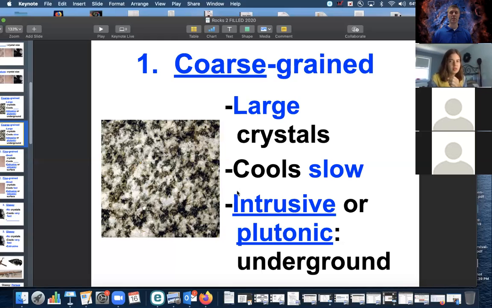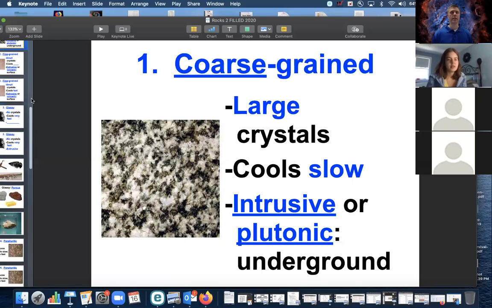So just from being able to identify it as coarse grain, based on the size of the crystals, we know that it took a long time to cool down, and we know where it formed. Those are immediate pieces of information that we get just by determining the texture of the rock.